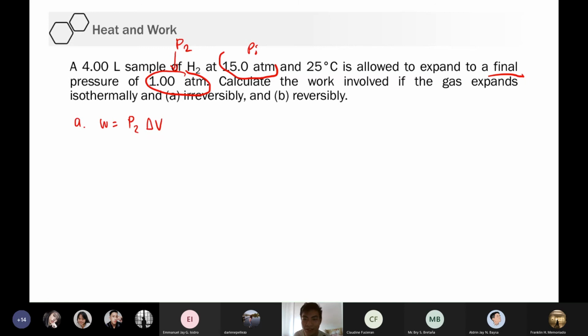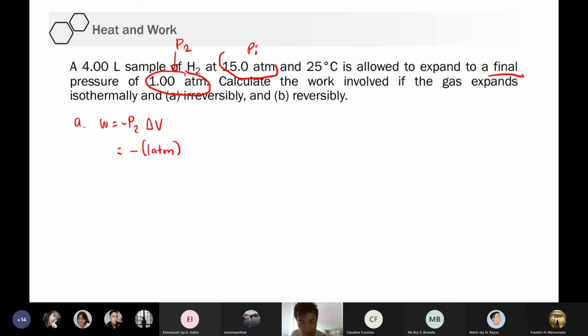Again, always, the pressure to be used ay always ang final pressure or the external pressure pag sinabi. Okay? So, expansion to. So, negative to. That's negative 1 atm times the change in the volume.